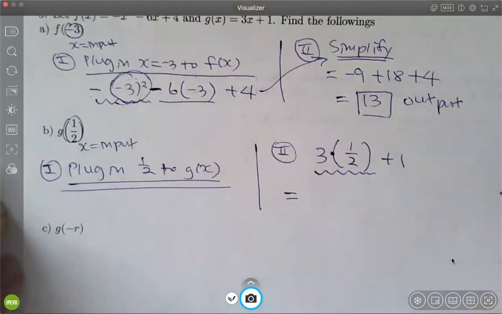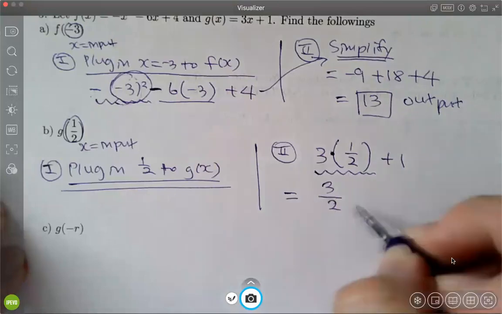Three over 6. Three over what? Two, right? Yeah, 3 over 2, not 6, right?